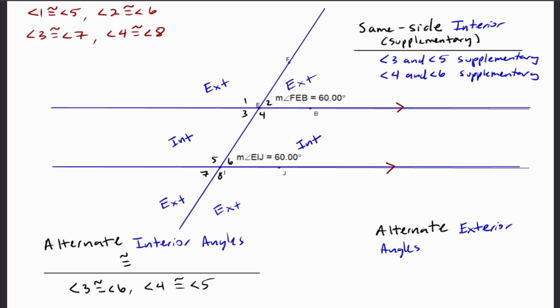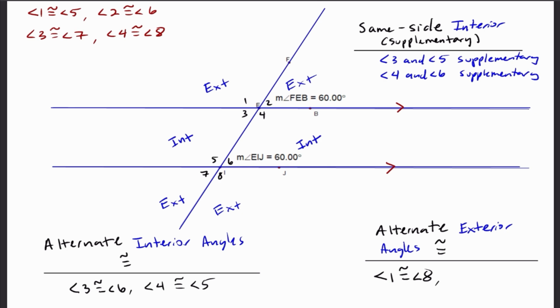Alternate exterior angles are congruent as well. So angles 1 and 8 are exterior angles and they are outside of the parallel lines. So we call them alternate exterior angles. So angles 1 and 8 are congruent.